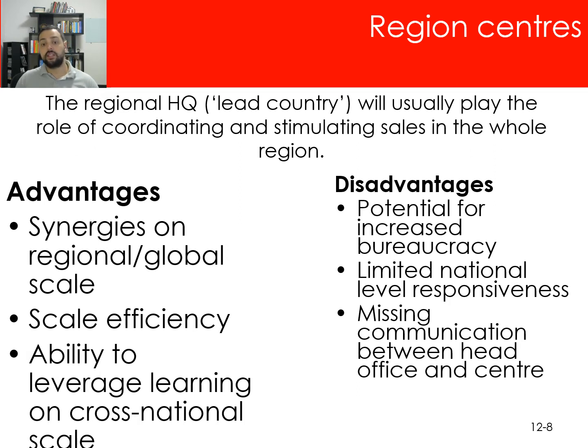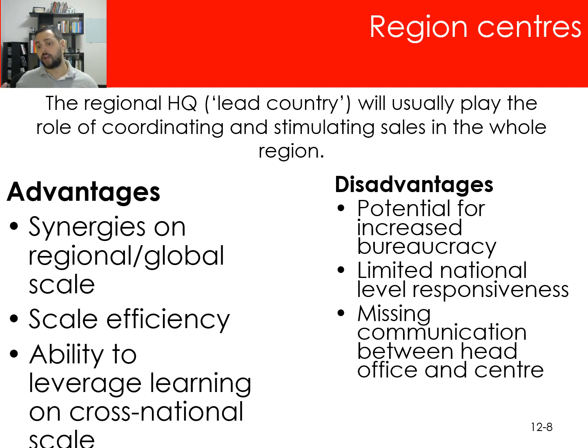And what are the disadvantages? First, you can have a lot of bureaucracy since you have a very big business with many different local headquarters. Sometimes it can also create difficulties for answering fast to local changes in the market.